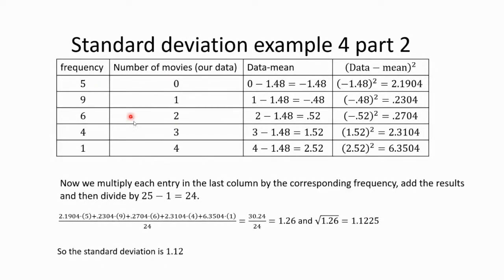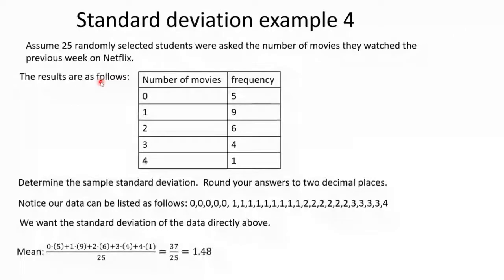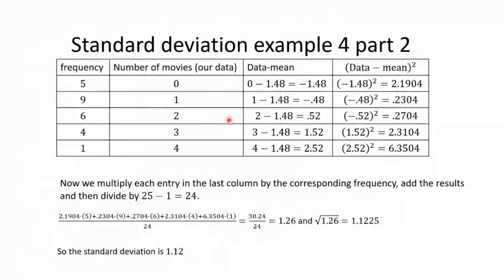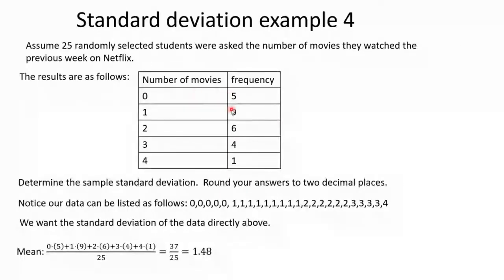I know this was another standard deviation example, but notice it involves a frequency table. It's not like the other ones where we listed all the data, including repetition. Essentially here we just had a frequency table, as you can see.